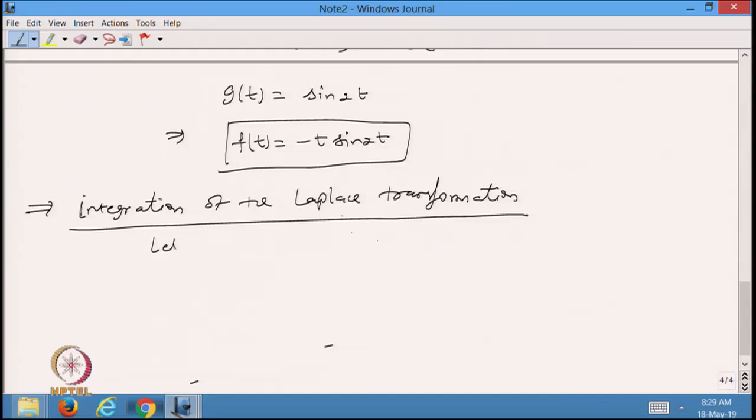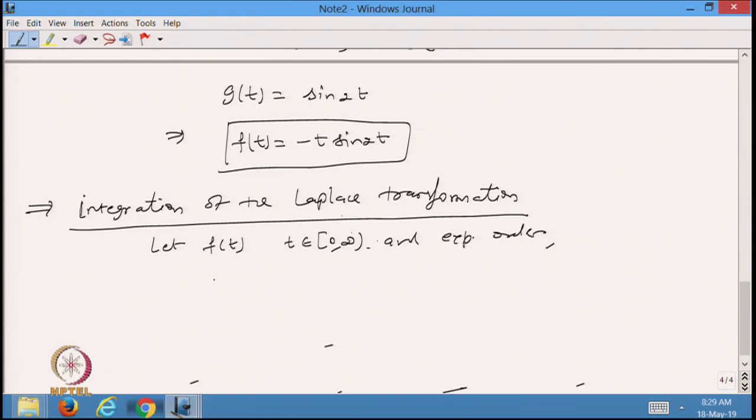So, let my f(t) be a piecewise continuous function as defined for t belongs to 0 to infinity and be of exponential order. So, that we already know.